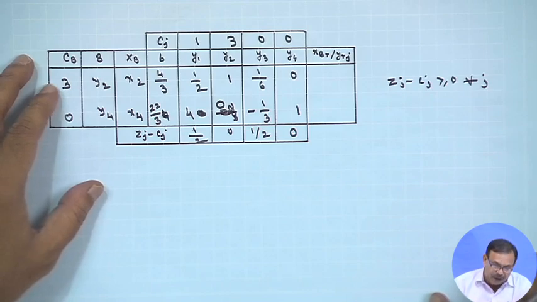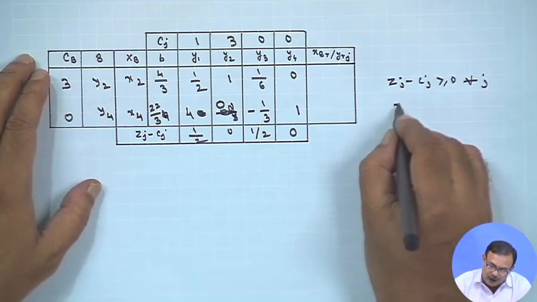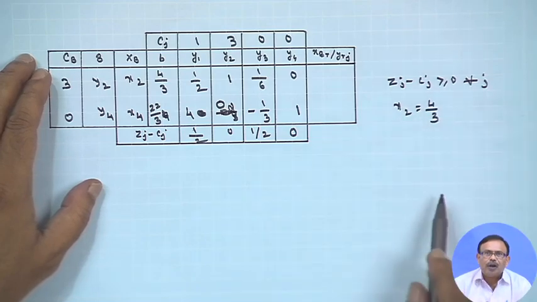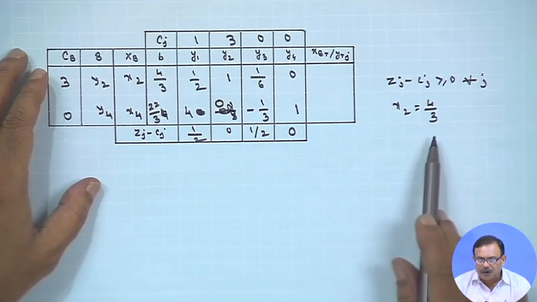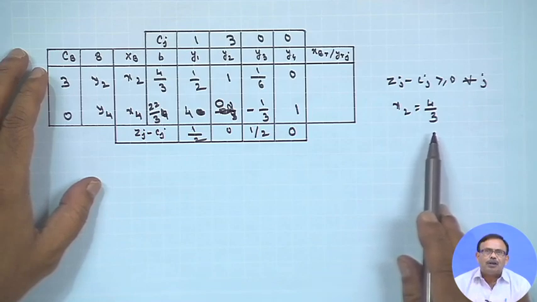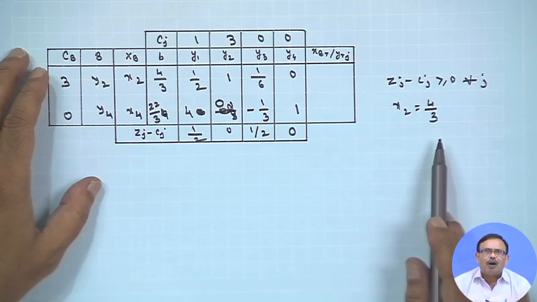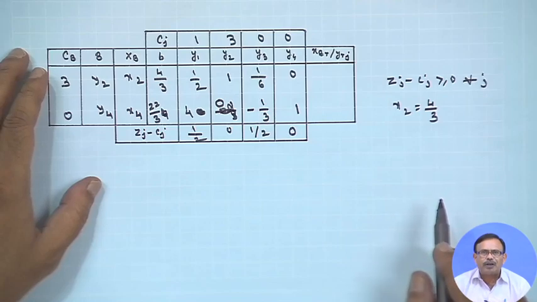But if you see here, your x2 value is 4 by 3, which is non-integer. Since this is non-integer, your feasibility condition is not satisfied. So, we have to check what to do next. In the next class, we will continue with this example.